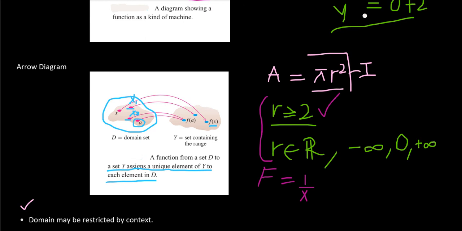In this you can see that your x may have any value except 0. x must not be equal to 0 because it will give you an undefined value. So in this way you can see that our domain that contains the x values is restricted by the context.